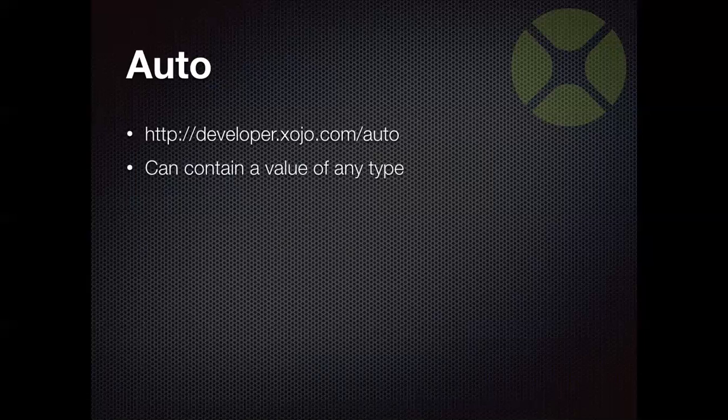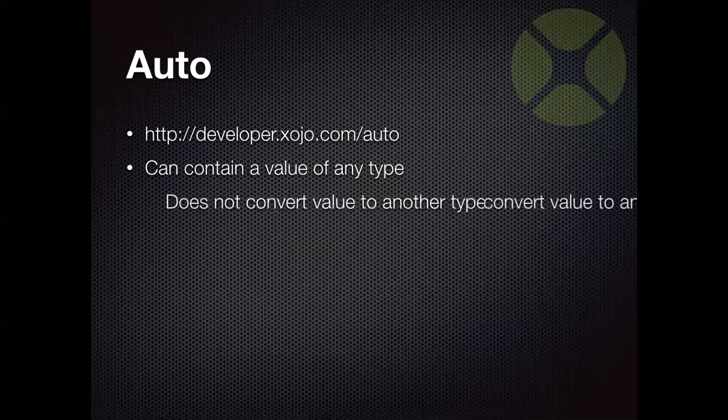Now, if you've used the classic framework a bit, you might remember there is a data type there called variant that essentially is going to be long-term replaced with auto, but variant obviously still continues to work. A big difference between auto and variant is that auto does not convert a value to another type, where variant would do that.